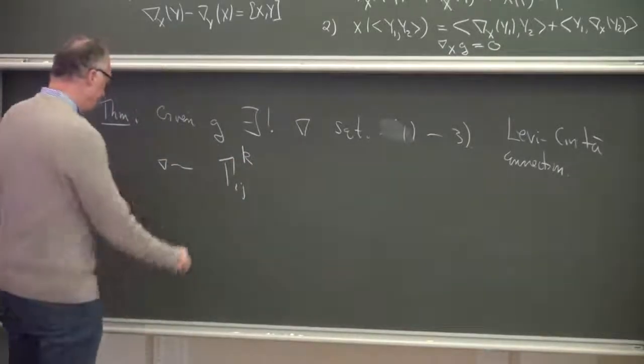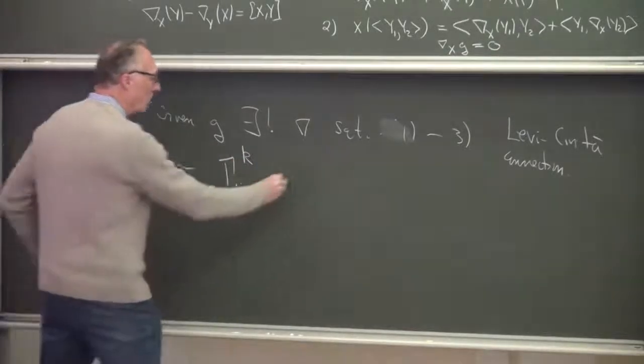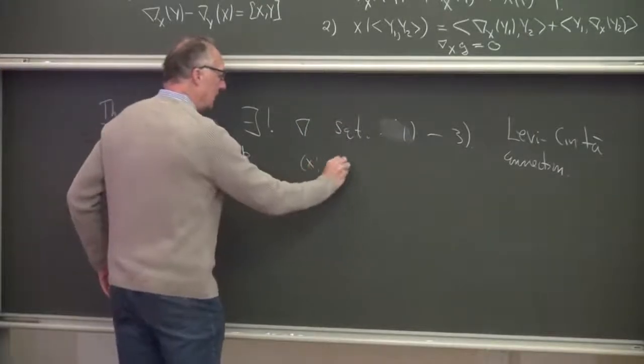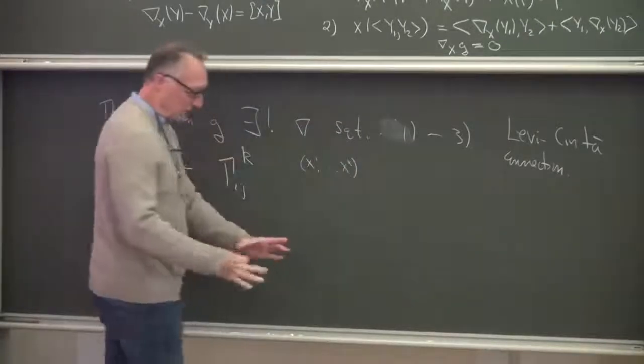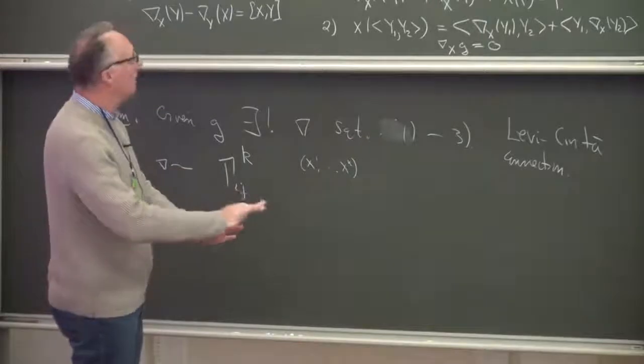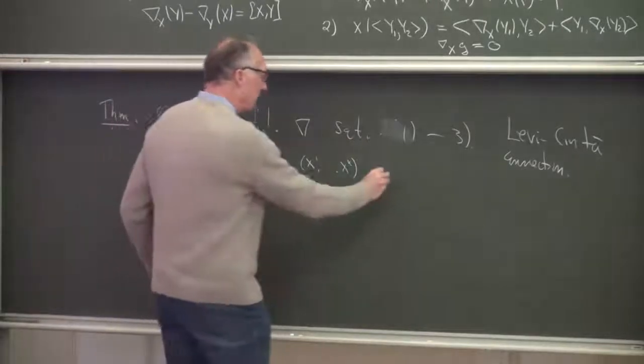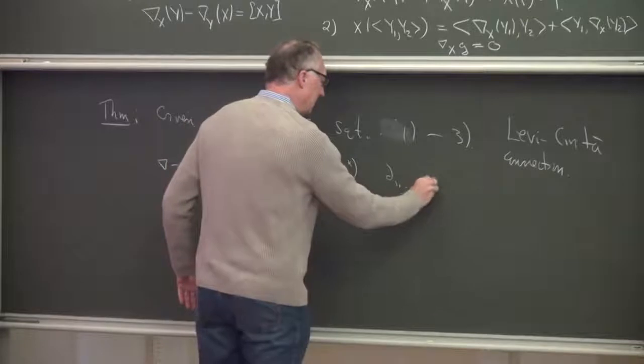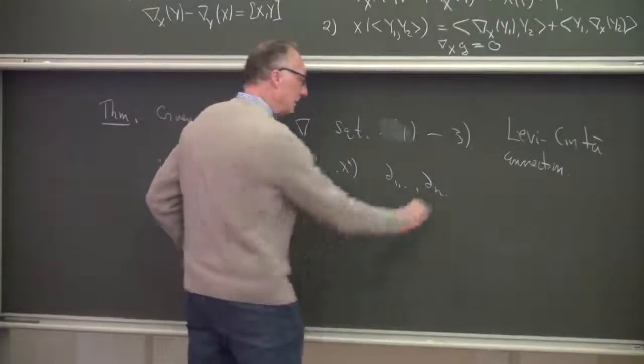And the formulas for these are simply, you have, again, local coordinates, x1 through xn. Those are coordinates on the manifold. They also give you a basis of vector fields, the partial derivatives in the coordinate directions.